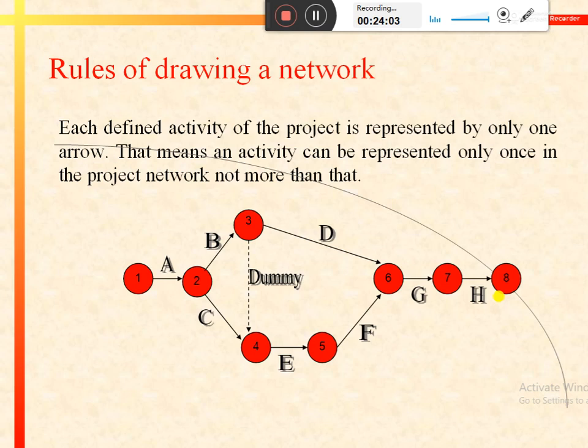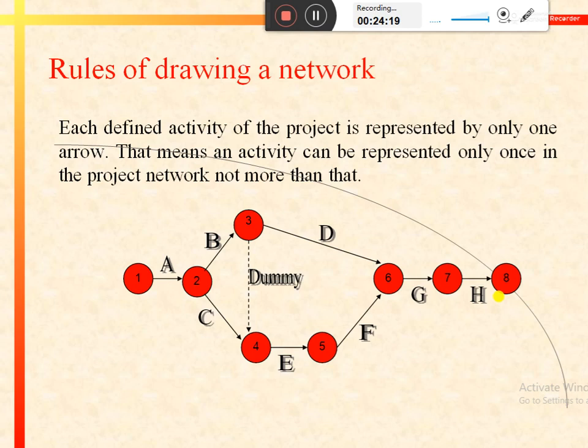The next rule is that each defined activity of the project is represented by only one arrow. That means an activity can be represented only once in the project network and not more than that.